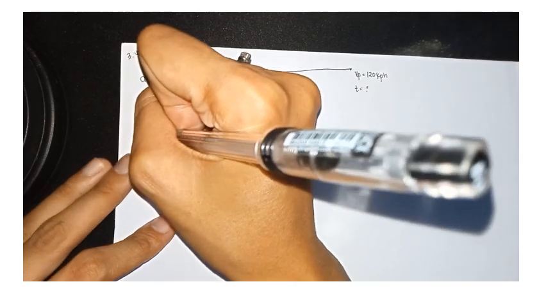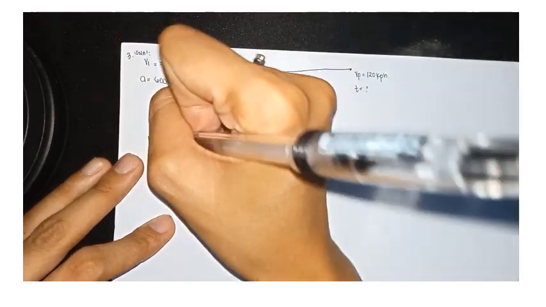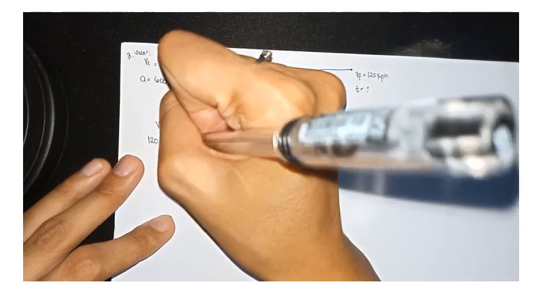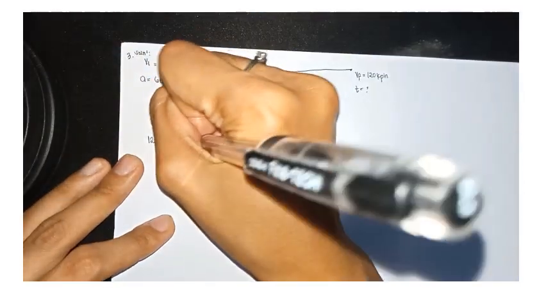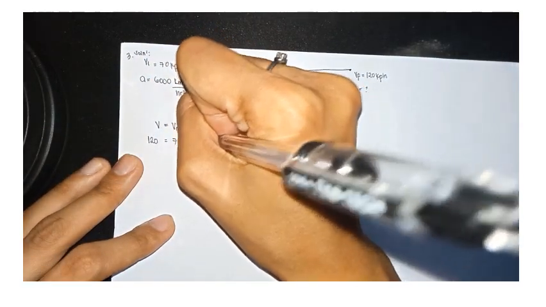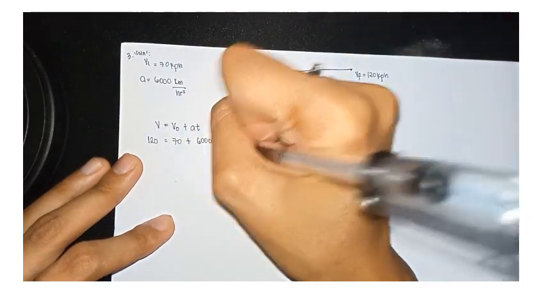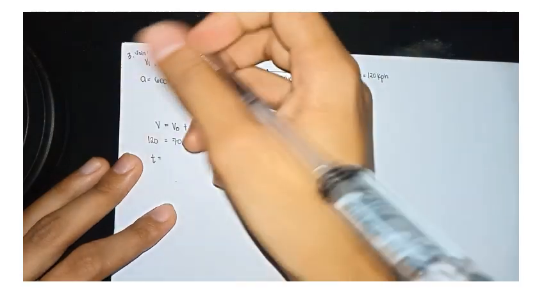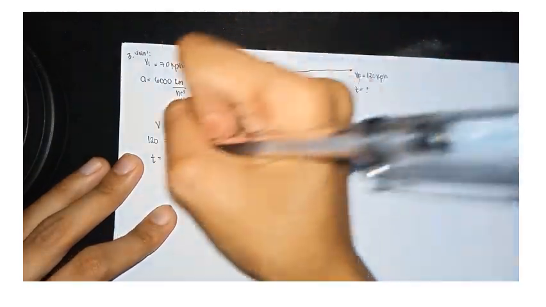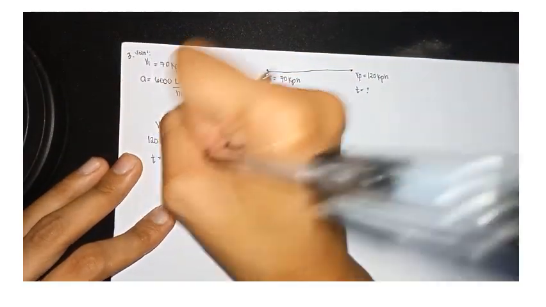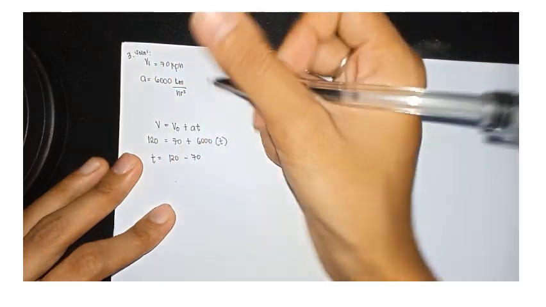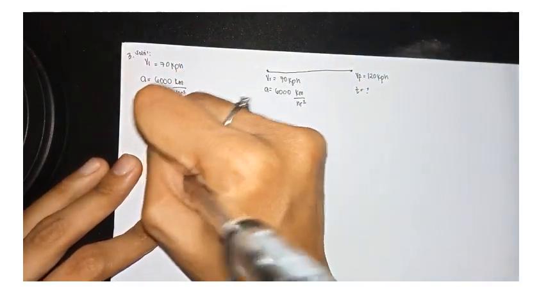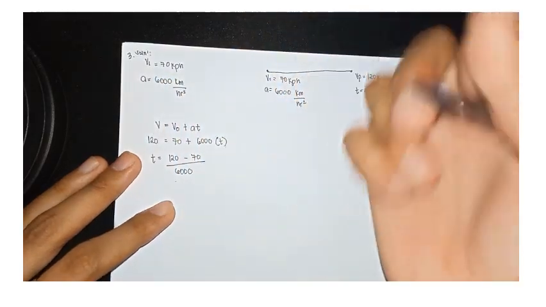So final velocity 120 equals initial velocity 70 km per hour plus acceleration 6,000 km per hour squared multiplied by t. So time is 120 km per hour minus 70 km per hour over 6,000 km per hour squared.